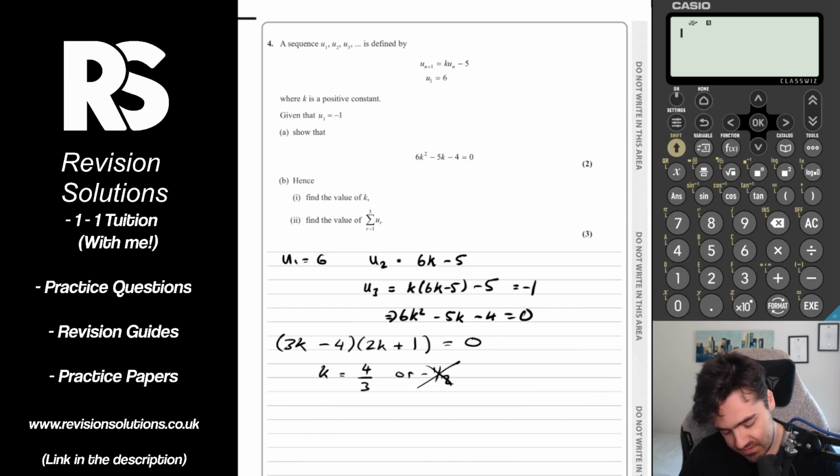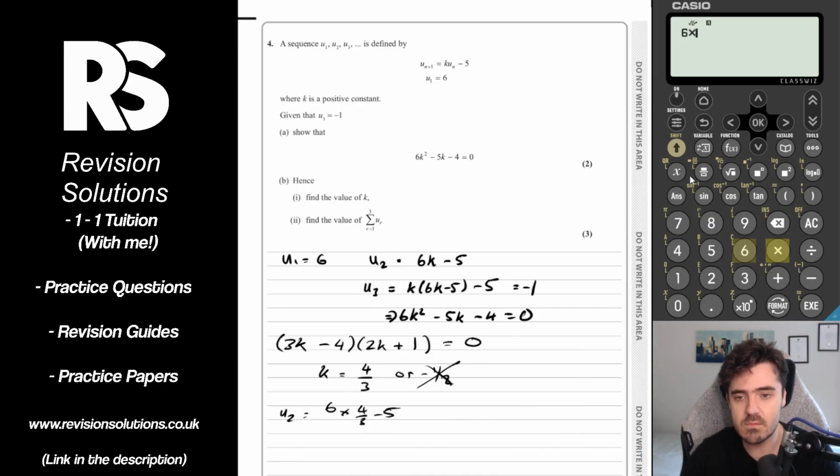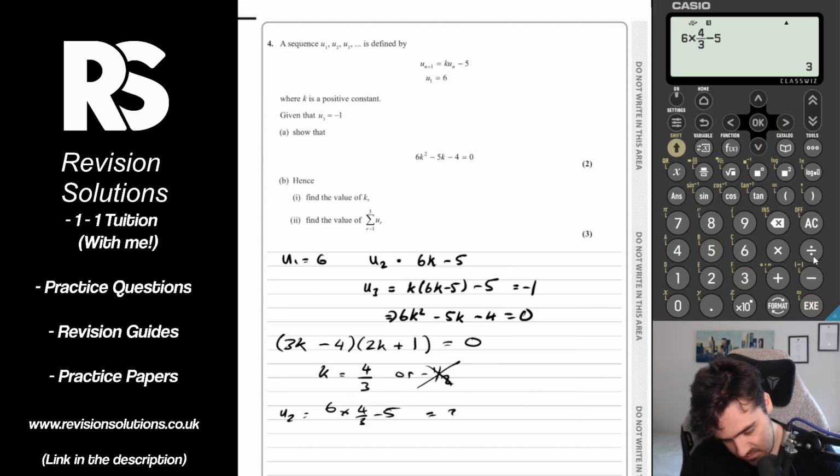Then part 2 just says, can we sum the first 3 terms of this series? So that's easy now that we've got k. u1 is 6, u2, using what we did earlier, would be 6 times 4 over 3 minus 5. Let's plug that in the calculator. 6 times 4 over 3 minus 5 gives us 3.